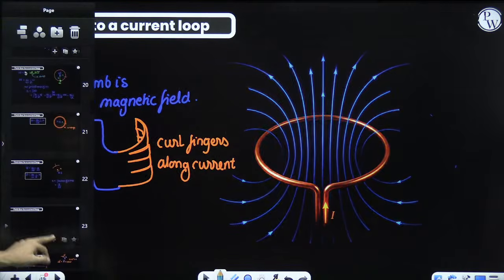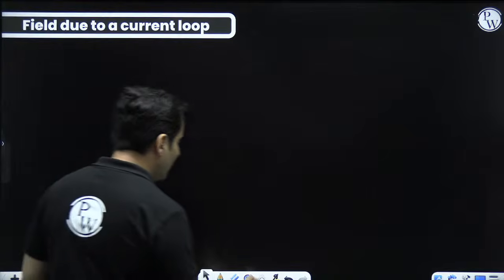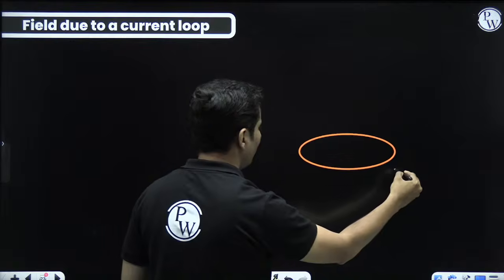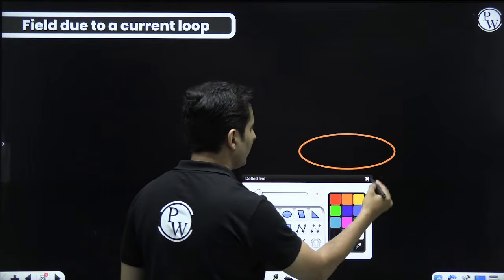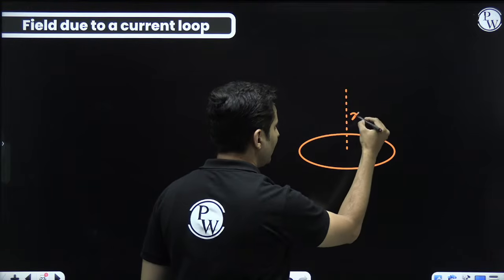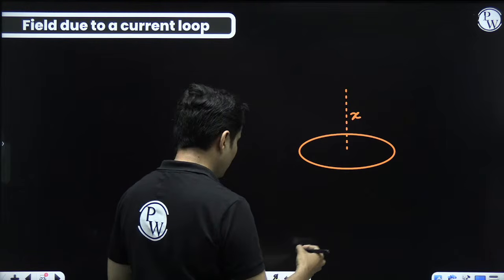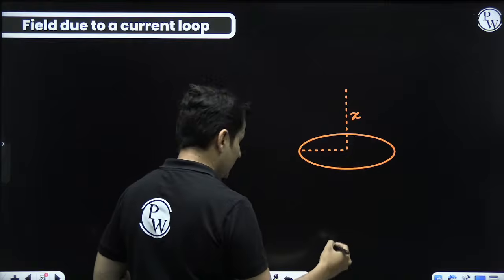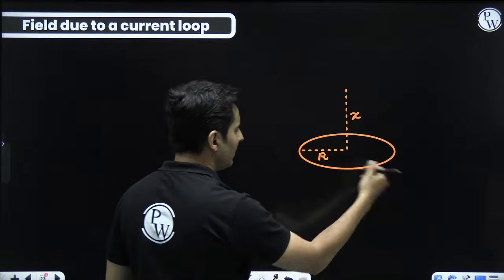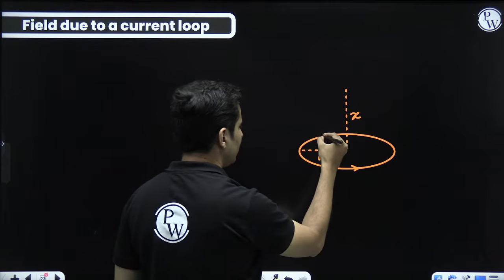So what could be the magnetic field on the axis of a coil? Magnetic field on the axis of a coil. So this is the axis, and on the axis I am standing at some distance x. The coil has a radius of r and it could have some current, maybe let's say like this.